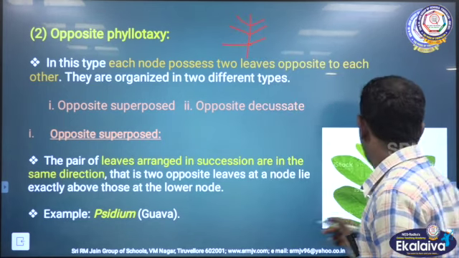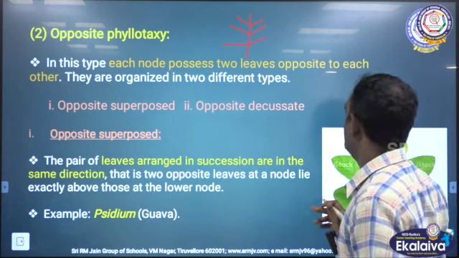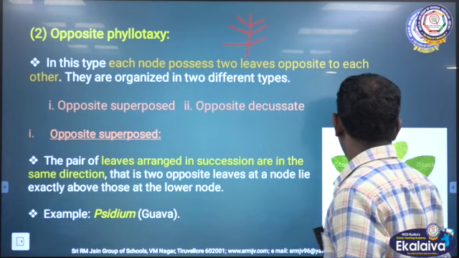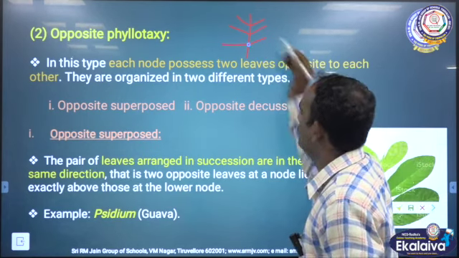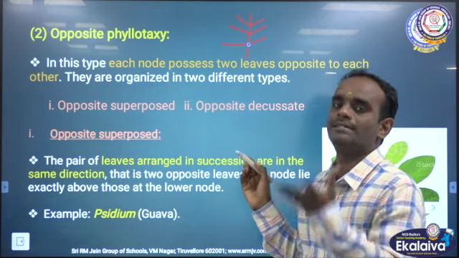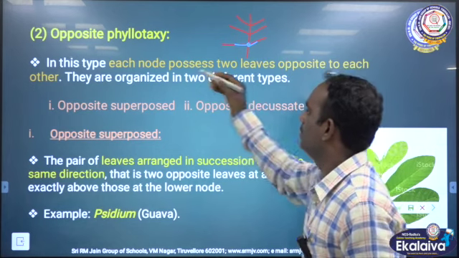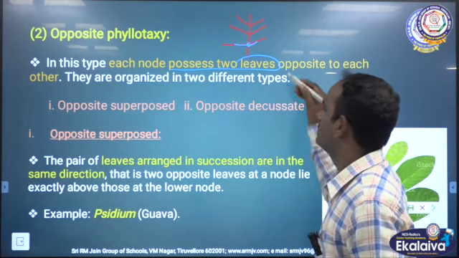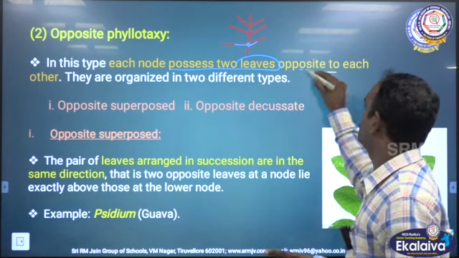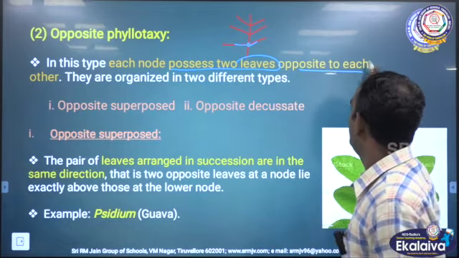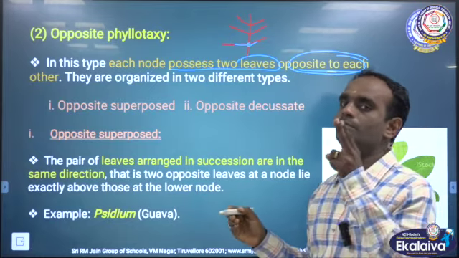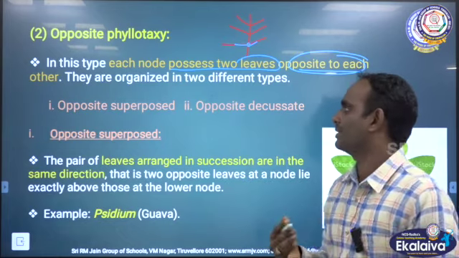So in this type, each node possesses two leaves. See here, this is the node where the leaves arise. So each node possesses two leaves, and these two leaves are opposite to each other. Very, very important sentence. These two leaves are opposite to each other.